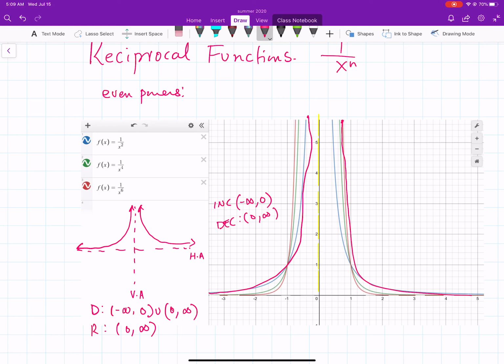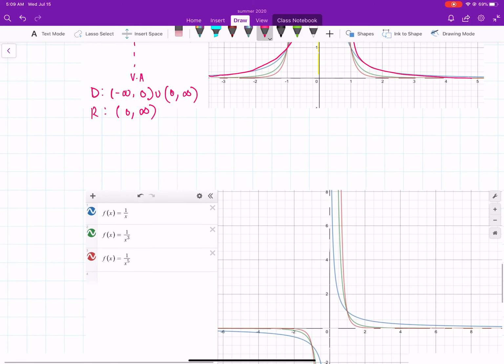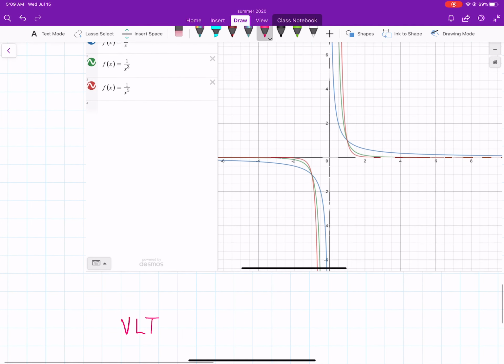All right, so these are reciprocal functions. If they are even, they behave in that manner. So if you have 1 over x to the 12, you know what is happening over here. You can sketch it. On the y-axis, they're going further away, and on the x-axis, they're getting closer to it.